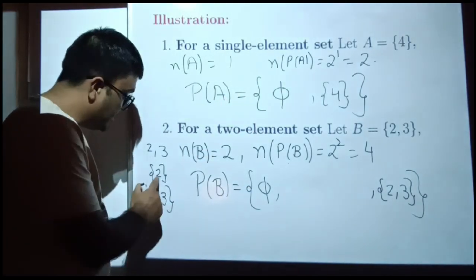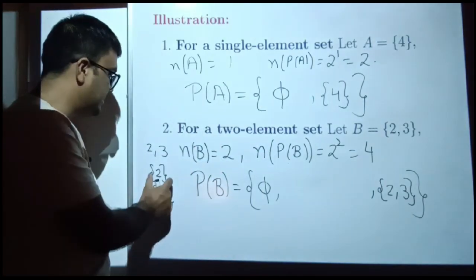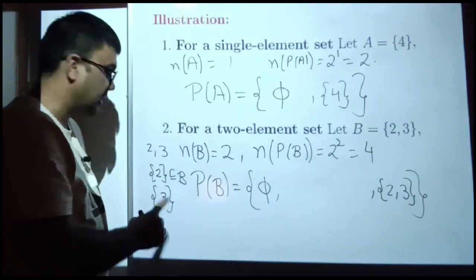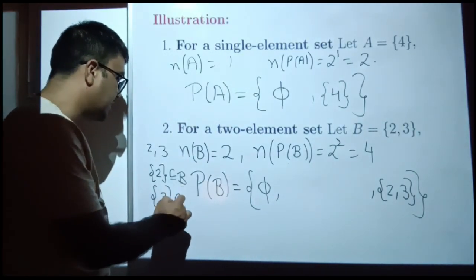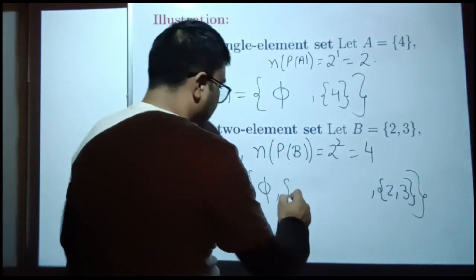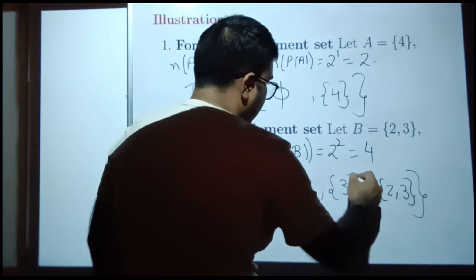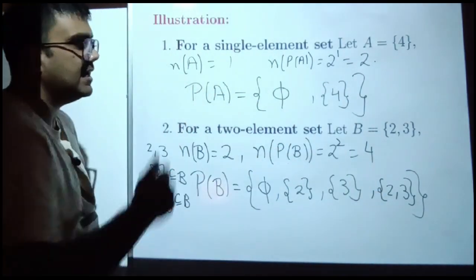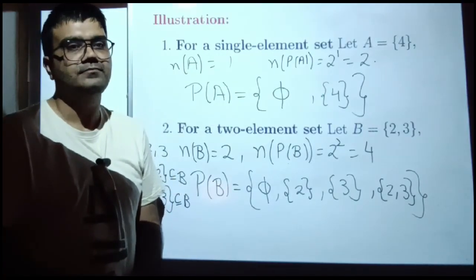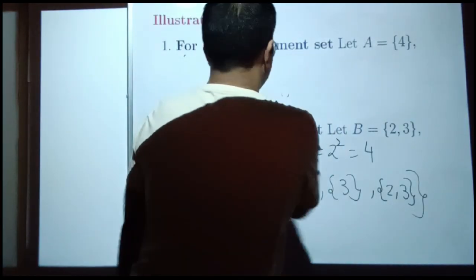Yes, because for the element 2 over here, 2 is present in B. It means this set is a subset of B. If I am talking about the element 3, this set is a subset of B. The other 2 subsets we have are the set {2} and the set {3}. So these are the 4 possible subsets of the set B. Let's move on to our next example.